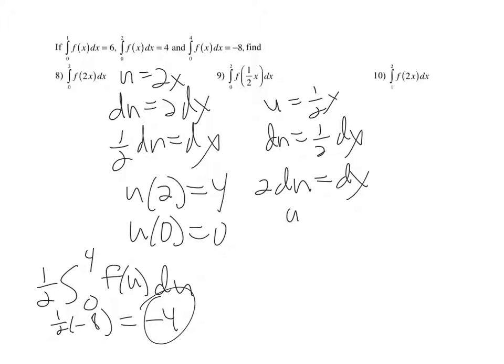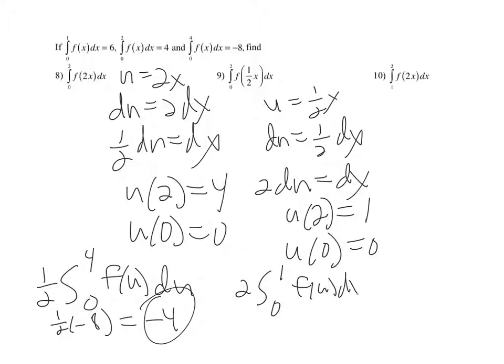And then we say u of 2 is 1, because it's 1/2 x, and u of 0 is 0, so we're going to integrate 2 times the integral from 0 to 1 of f of u du. Well, I pointed to the wrong function because I forgot about those bound changes, but notice here's one right here. So the 2 times 6 will be the integral, which is 12.